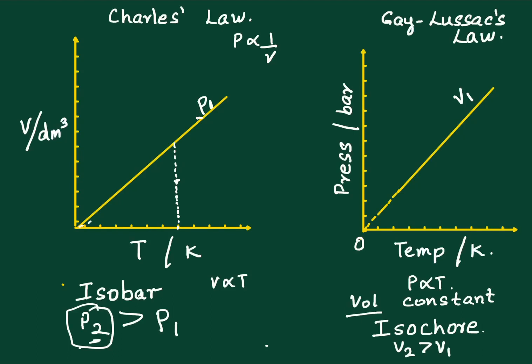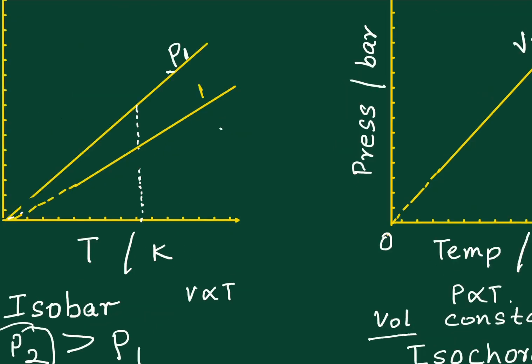So what will we do? Again, yes, draw the graph. Go ahead. Yes, it will lie lower than the graph for P1, right? So this is the logic behind it.